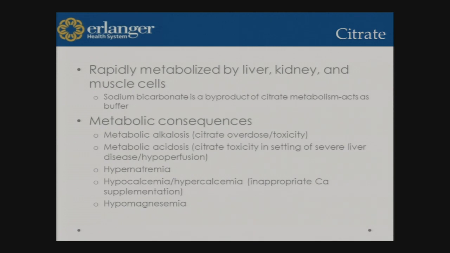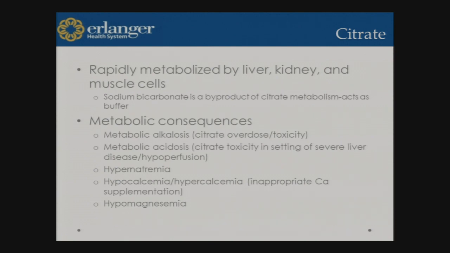So citrate is rapidly metabolized by the liver and kidney and muscle cells, and sodium bicarbonate is a byproduct of the citrate metabolism. So it does act as a buffer in these patients, which is good because a lot of these patients are acidotic to begin with. But it does have some metabolic consequences. It can cause metabolic alkalosis if we overdose someone. It can cause metabolic acidosis in the setting of severe liver failure or hypoperfusion when they're not able to metabolize that citrate to bicarb.